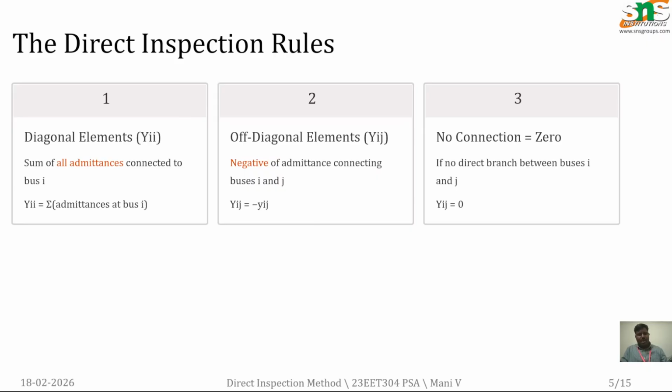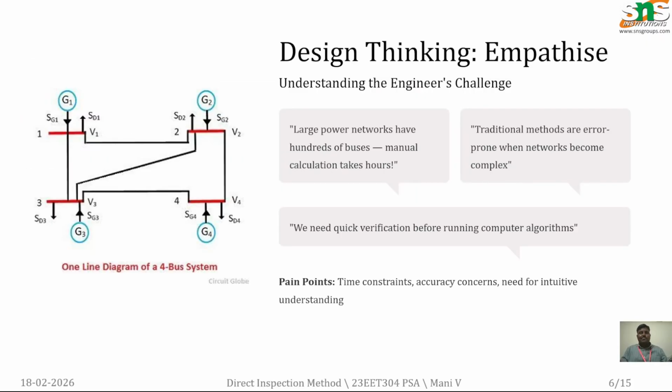If there is no connection, simply imagine it as zero. If there is no direct branch between the two buses, it will be zero. These are the rules we have to follow while forming the matrix by the direct inspection method.